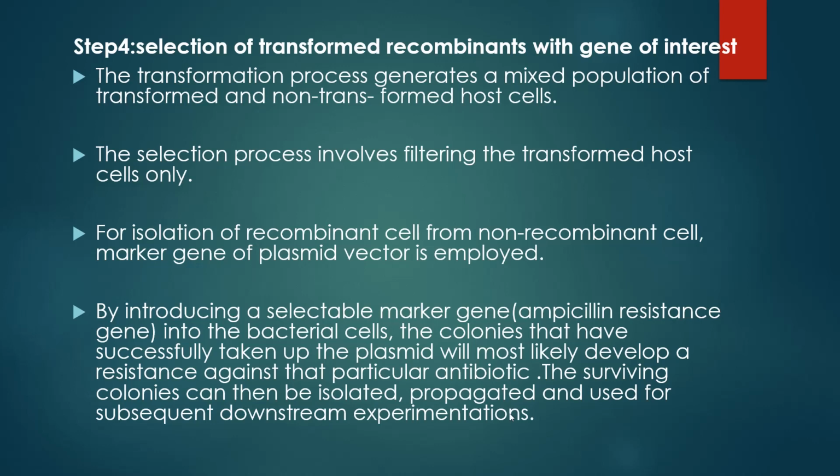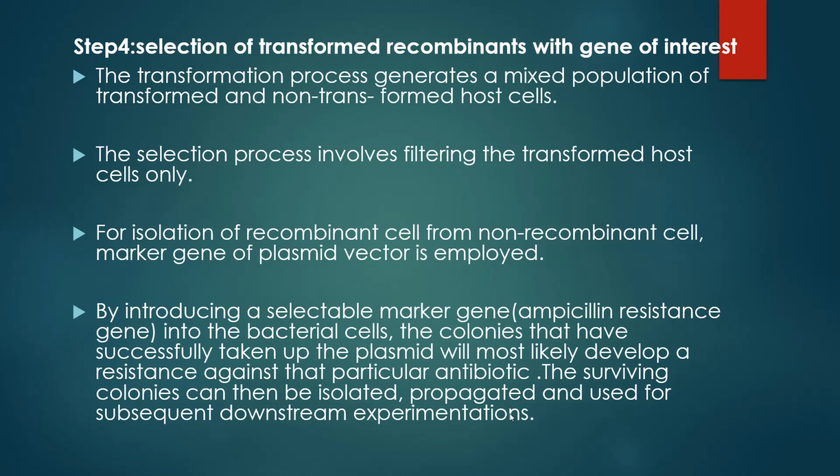The transformation process generates a mixed population of transformed and also non-transformed host cells. That means two types of host cells will be generated. The selection process involves filtering the transformed host cells only.